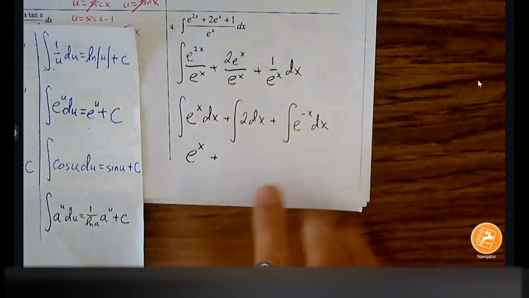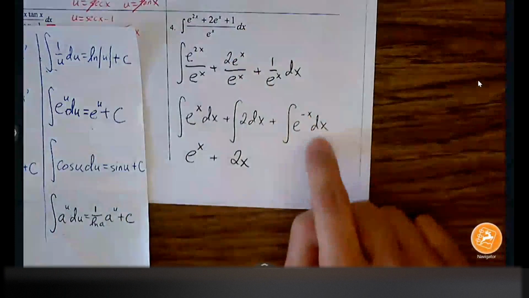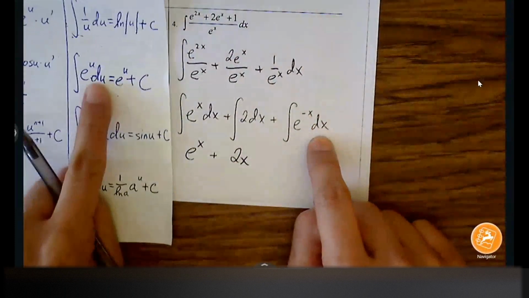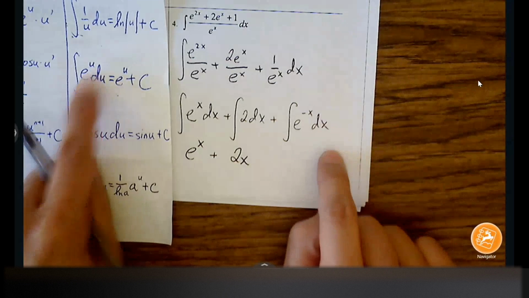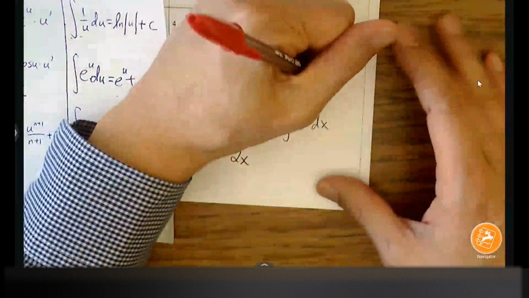2 becomes 2x. And then this is a little different. So our u value is negative x, so we know there's going to be something left over here. So I'm going to go to U-Substitution.